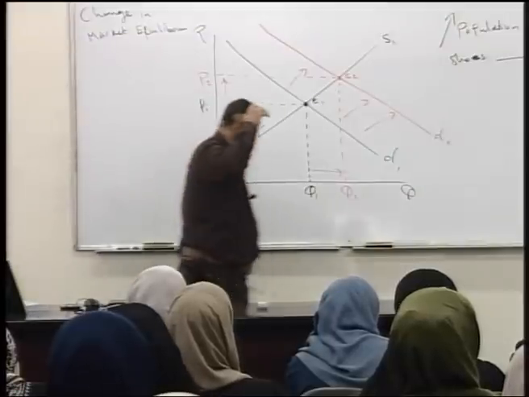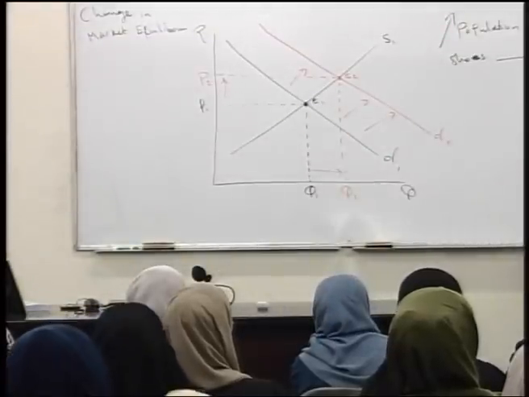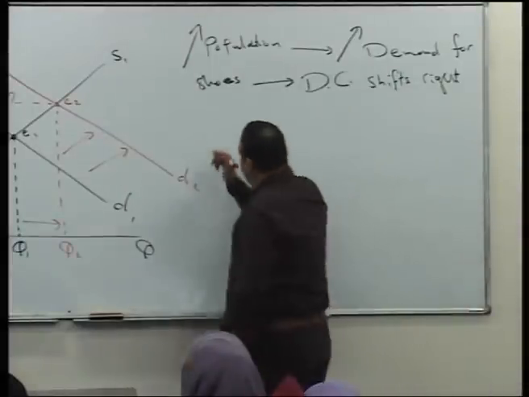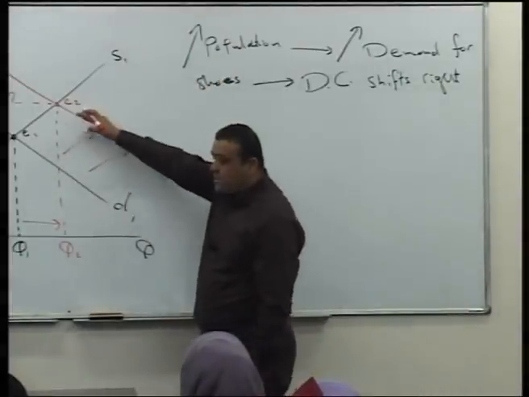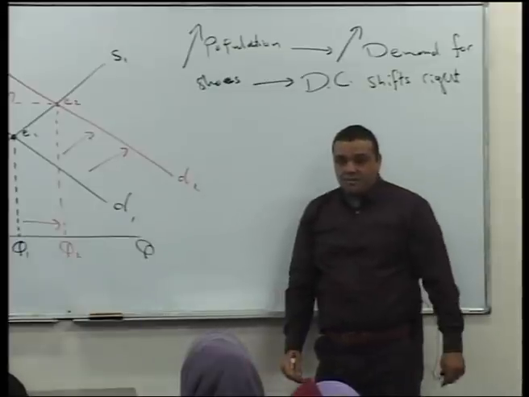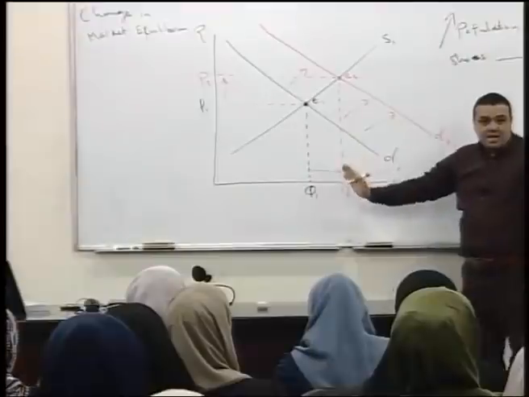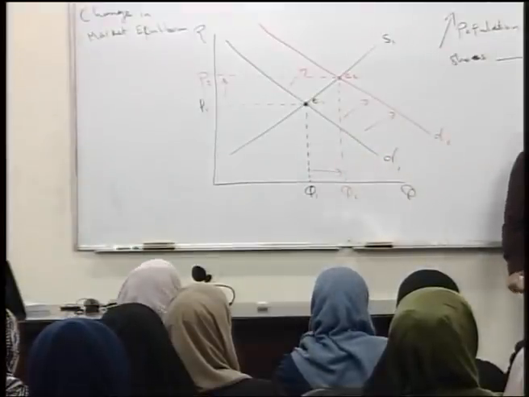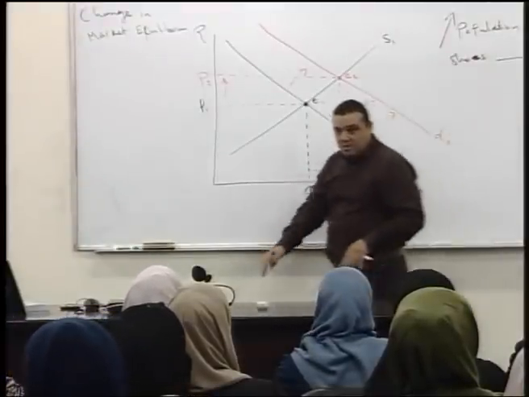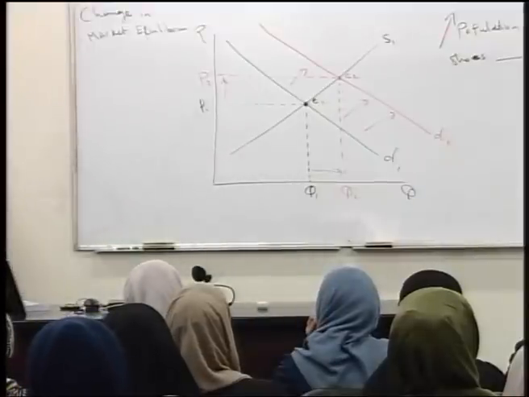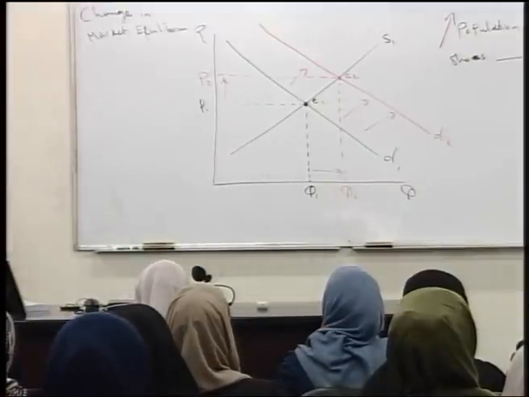So the conclusion is that a rightward shift in the demand curve leads to an increase in the equilibrium price and an increase in the equilibrium quantity exchanged in the market. Is there a problem?